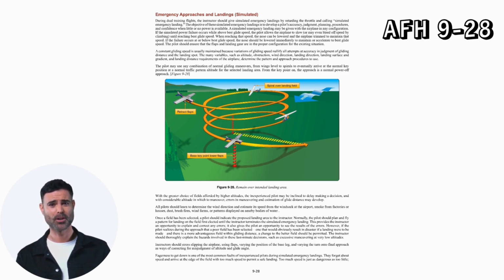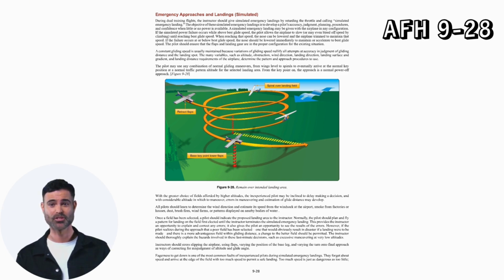From the key point on, the approach is a normal power-off approach. With the greater choice of fields afforded by higher altitudes, the inexperienced pilot may be inclined to delay making a decision, and with considerable altitude in which to maneuver, errors in maneuvering and estimation of glide distance may develop.